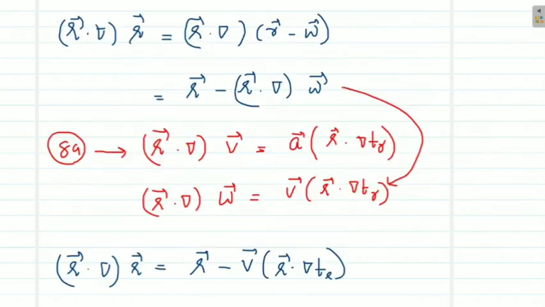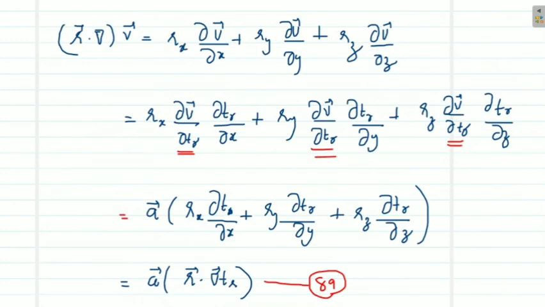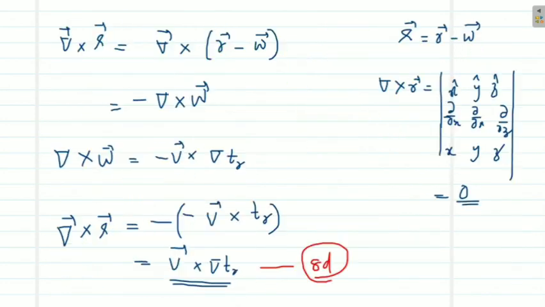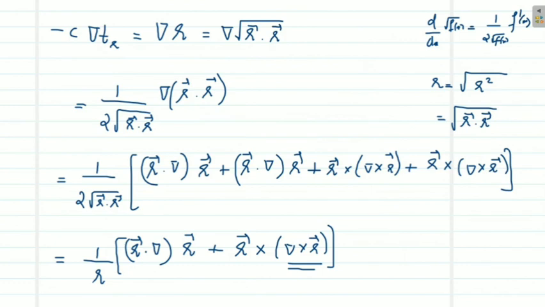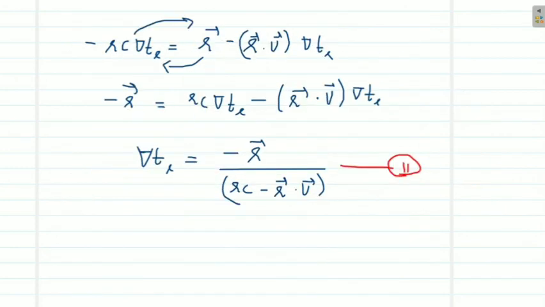So in this derivation we went through deriving the equations of 8a, 8b, 8c and 8d as well as the expression for del tr that we just substituted in the last derivation. So in order to get a complete picture of the electric field of a moving point charge, we should go through each of these steps and do it in a continuous manner to derive the final expression.